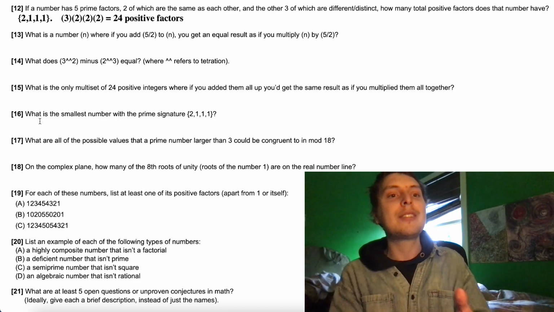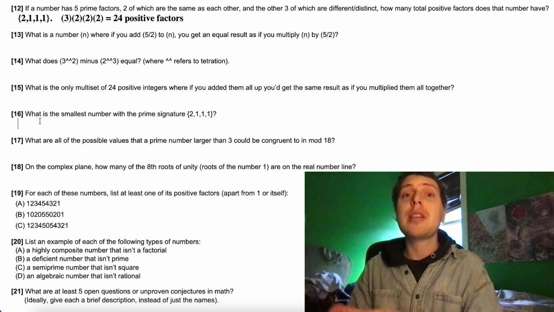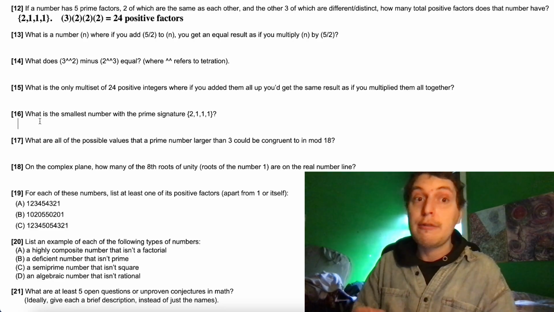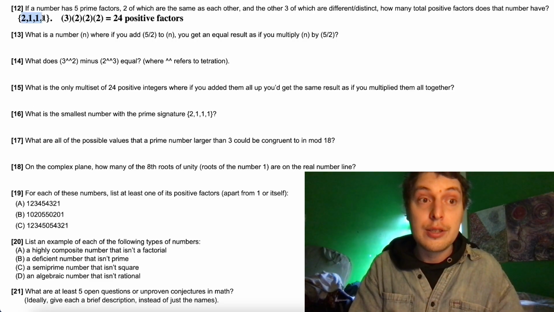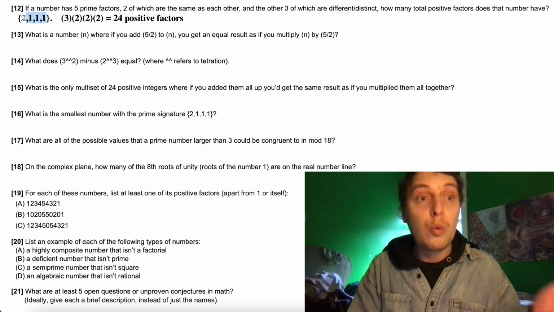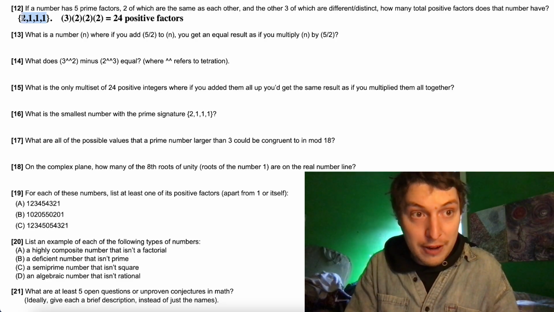I'm being asked, what's the smallest number that represents that? This won't necessarily be the smallest number with 24 positive factors, but it'll be the smallest number that has this prime signature, and it will have 24 positive factors.